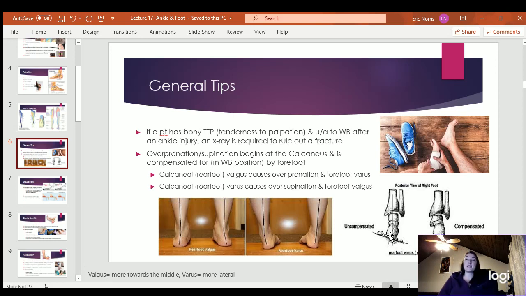That's compensated. So if calcaneus valgus causes overpronation, the forefoot has to turn in the opposite direction into varus. With calcaneus varus, it causes oversupination, and the forefoot has to go into valgus to maintain contact with the floor.